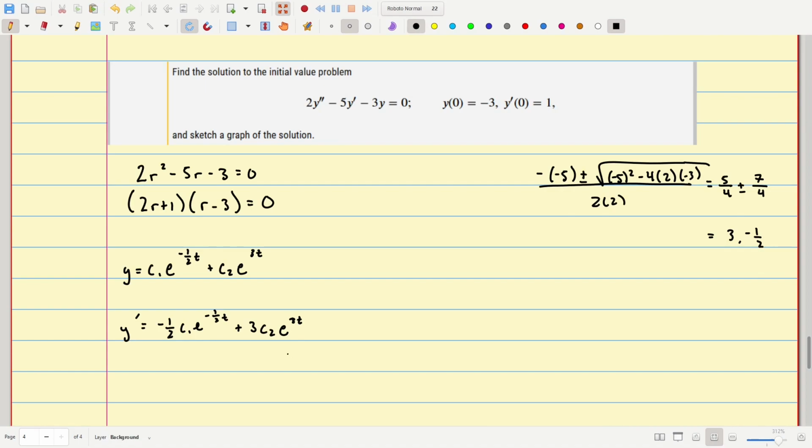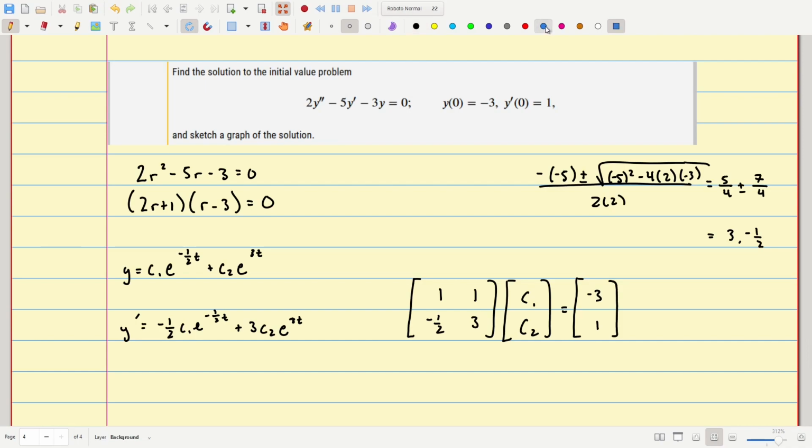All right. So in the setup, what this allows us to do now is set up a matrix equation where we're going to have 1 and 1 and -1/2 and a 3, c1 and c2, and this right hand side is going to be equal to -3 and 1.